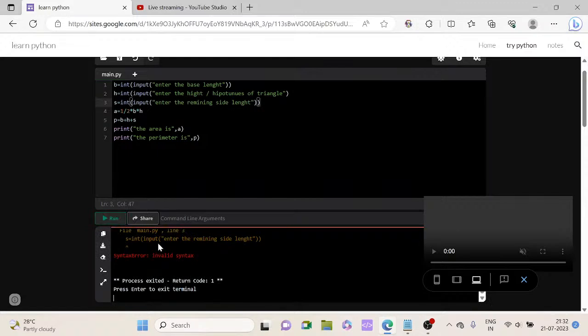Okay, so next, we have done the debugging there. The third line, okay, so like this.